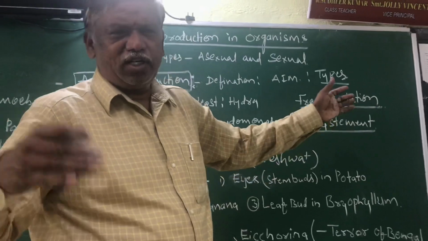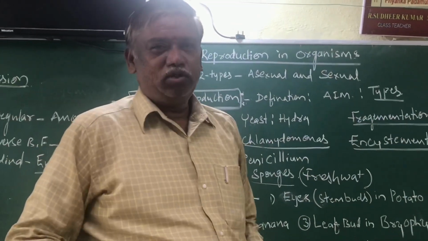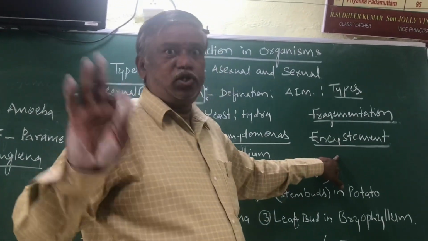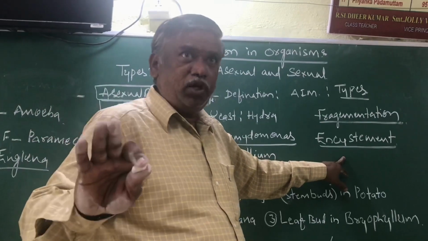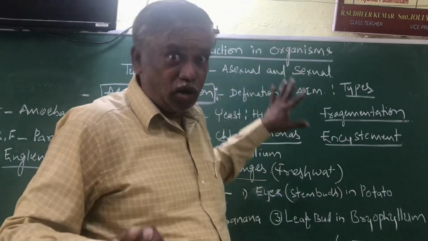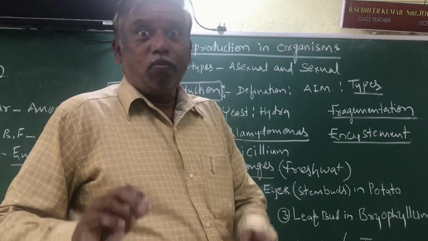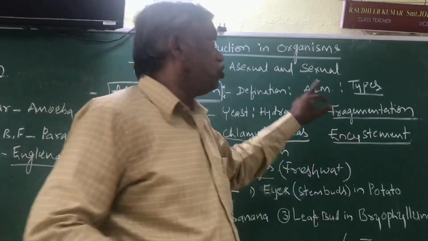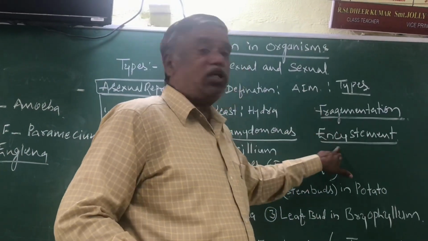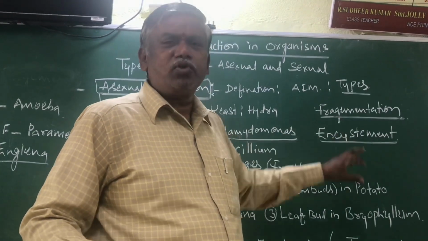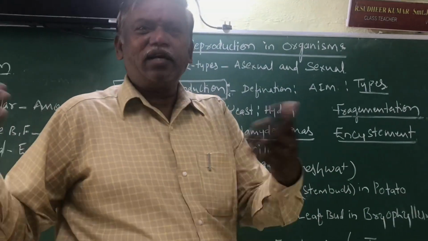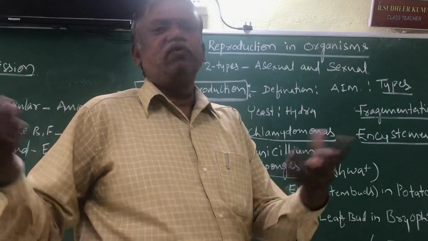But in the first year and second year books, these two terms will be there. It may not be included in this chapter, but you must be perfect with these two terms, fragmentation and regeneration, because they will appear anywhere in the entire first year and second year textbooks.